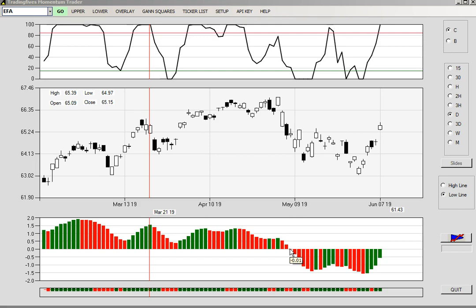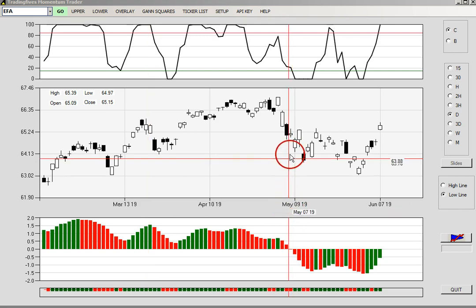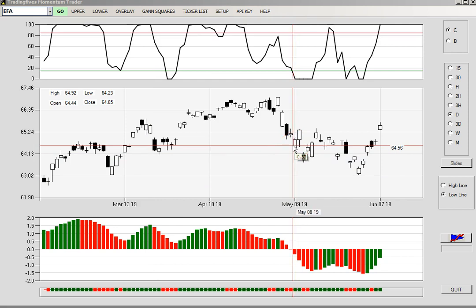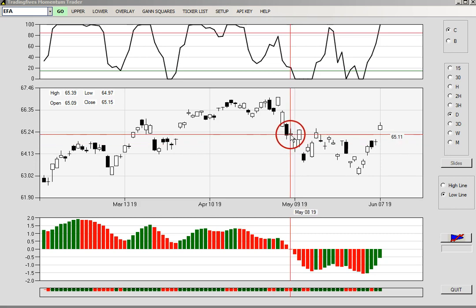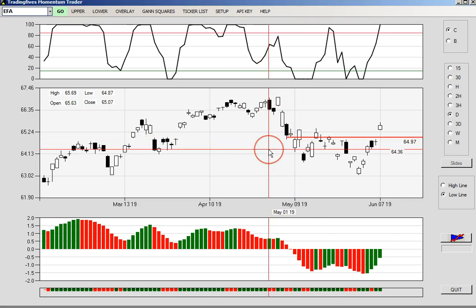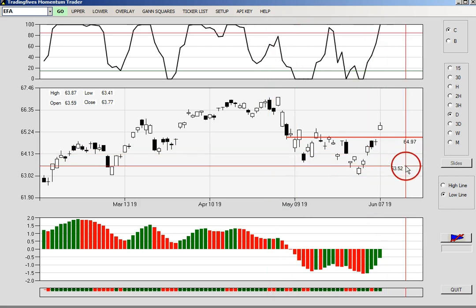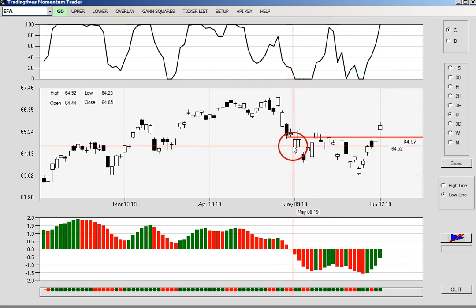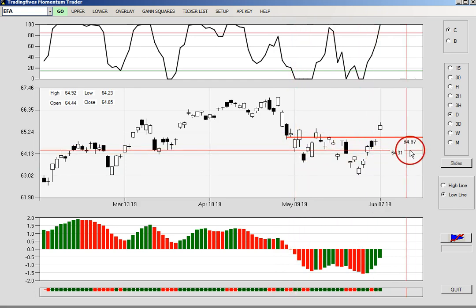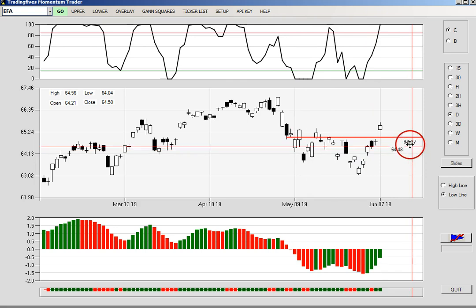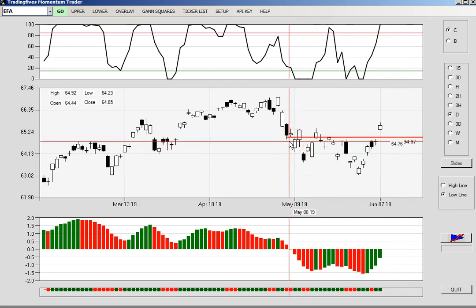We want to look at the price bar or the candle that corresponds with the histogram bar that created the condition. And because it's a bearish condition, we're now below the zero line on a red bar. The condition that we will use for a take or pass decision is if the next bar following the condition bar prints lower than 64.97.